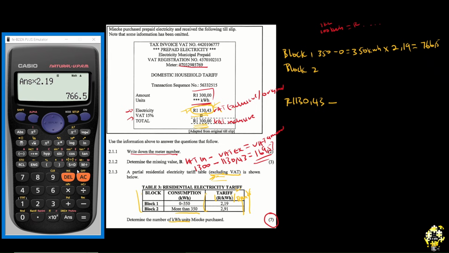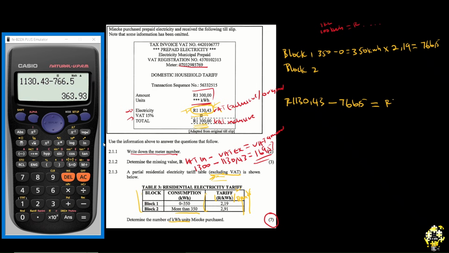I'm going to subtract 766.5. Why am I doing that? Because I want to see how many units I have already paid for. So it's 766.5.